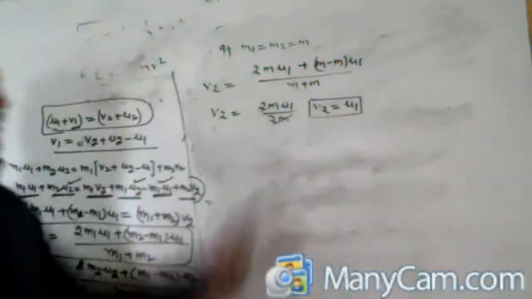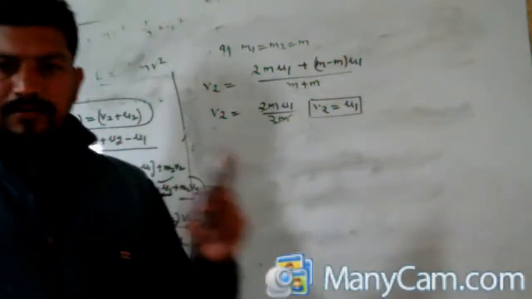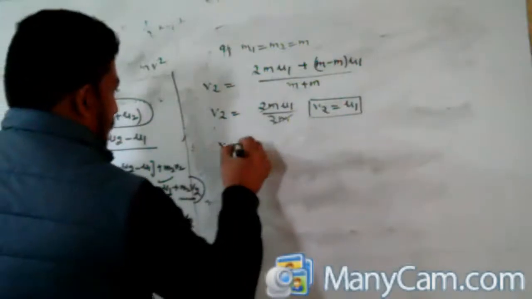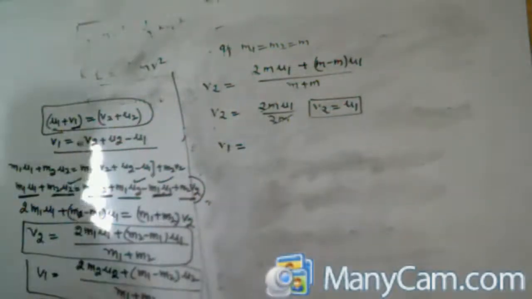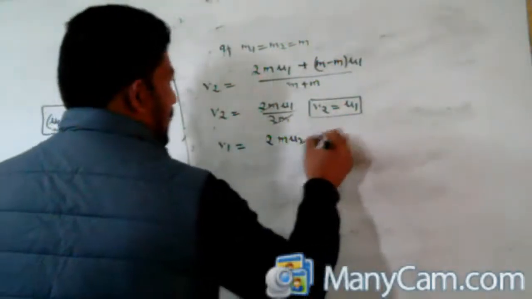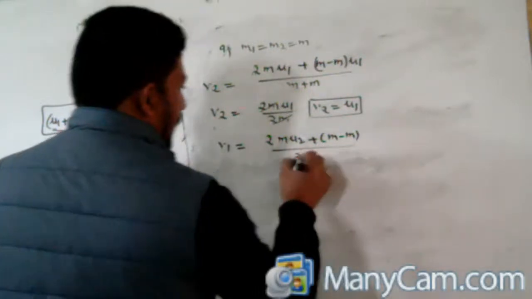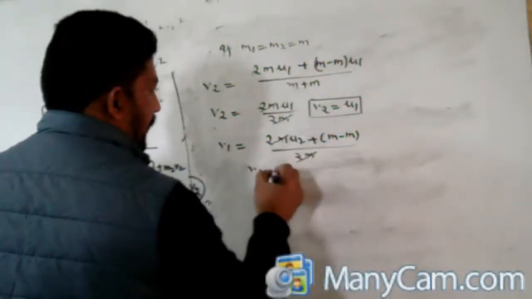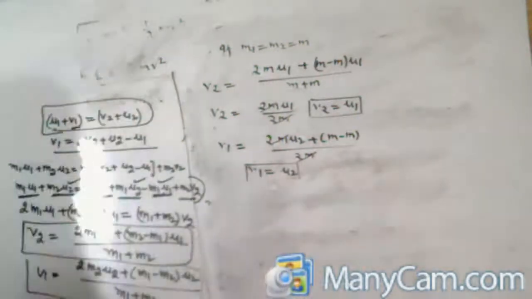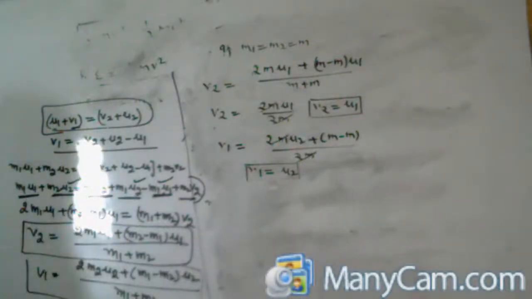मतलब final velocity of the second ball is equal to initial velocity of the first ball if the two objects are of equal mass. Now v1 is equal to, ये देखो बेटा क्या लिखेंगे, [2m u2 plus (m minus m) u1] divided by 2m, it means 2m remain cancel out, v1 is equal to u2, mean the final velocity of first ball is equal to initial velocity of the second ball.